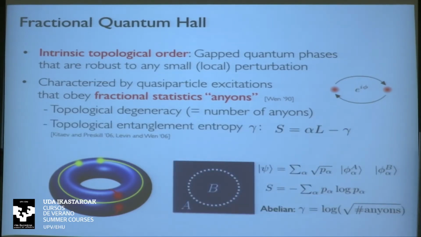And another way to characterize these phases is again in terms of their entanglement properties. And this is the so-called topological entanglement entropy. And similar to what we discussed at the very beginning today, there's this area law in 2D. As I pointed out, it hasn't been proven for 2D, but for many of the interesting systems, we actually find it.